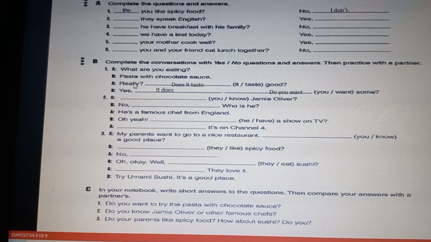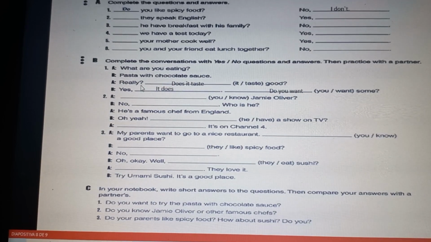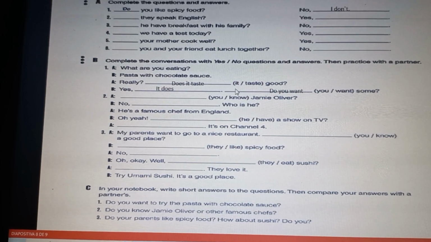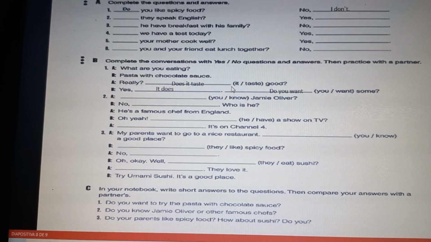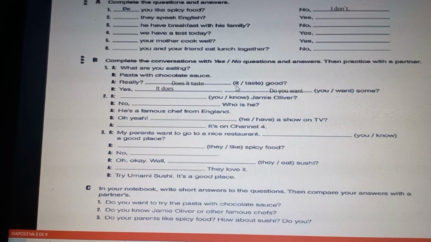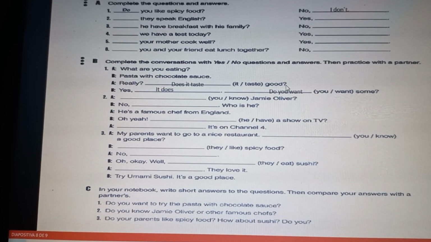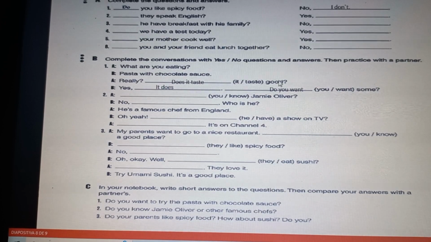Also in this part we have another sentence. In this case we have the verb taste, and also remember this is a question because we have here the question mark. The question is, does this steak taste good? You say yes, it does.